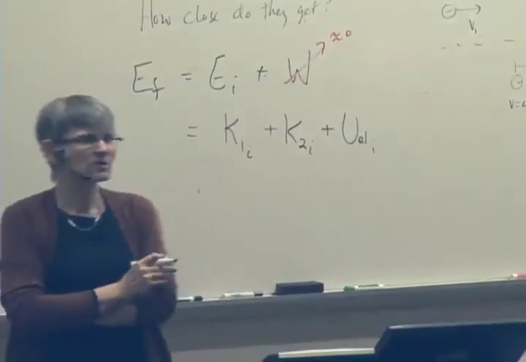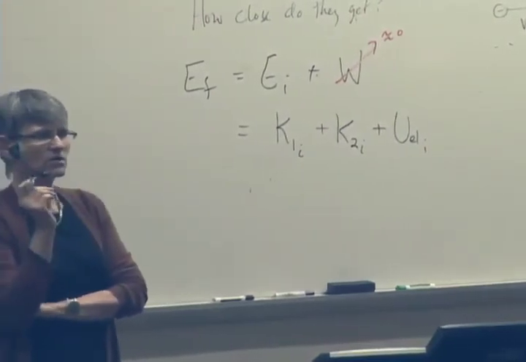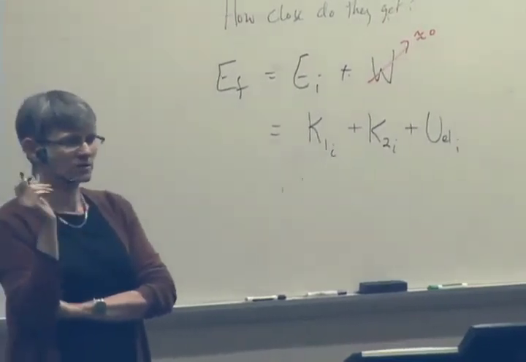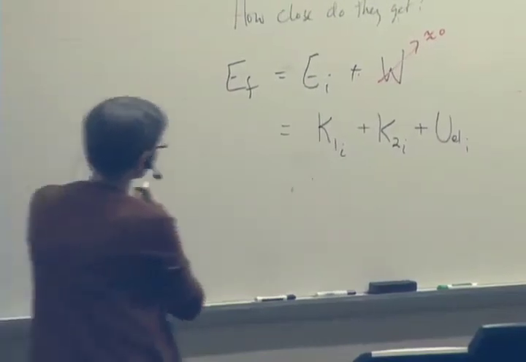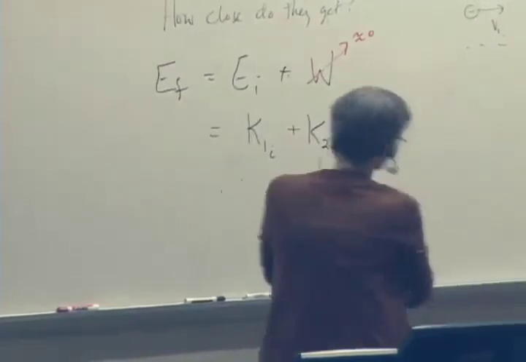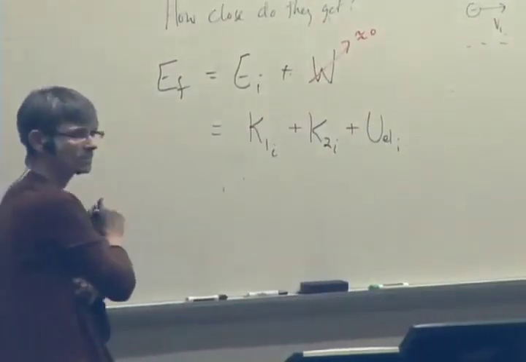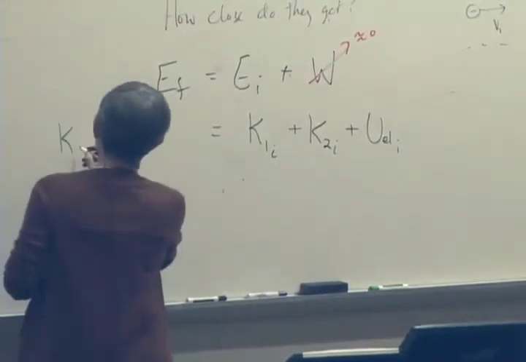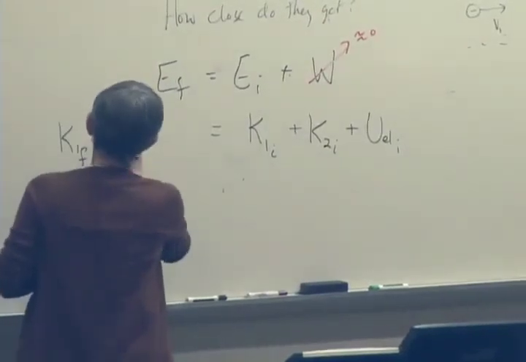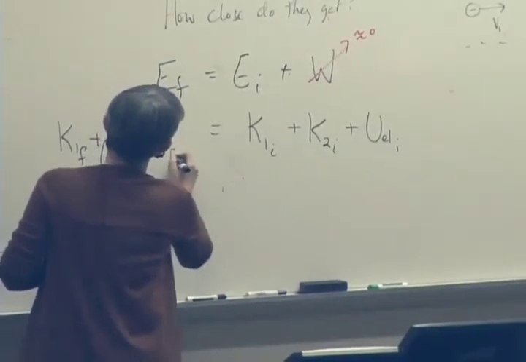And we could write the rest energies, and it's fine to do it, but are the rest energies going to change in this problem? No, so we can just leave them out. And what goes over here? Well, we'll put down all the terms that are relevant. So K1 final plus K2 final plus U electric final.